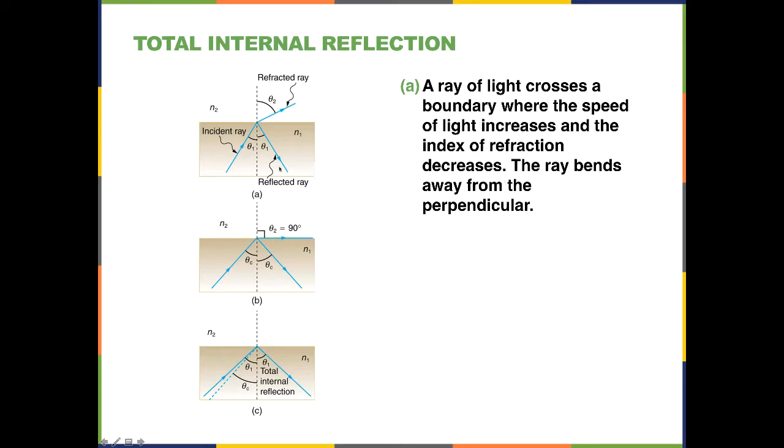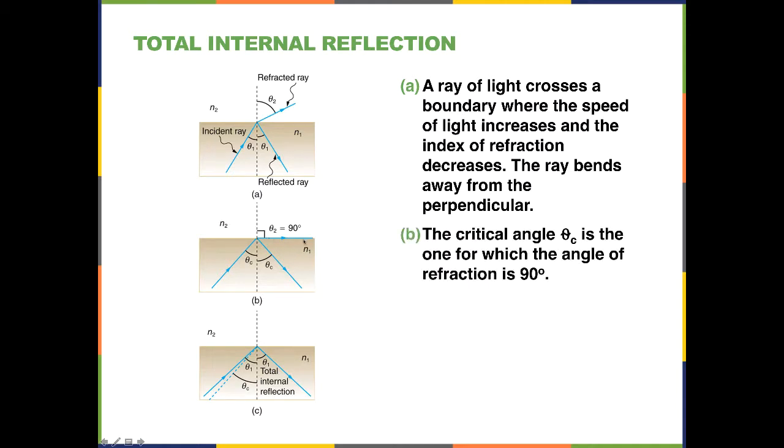Now, in a situation where you go from a slower to a faster medium, you see that the incident ray has angle theta 1 and it bends away from the normal because it's going into a faster medium. So angle theta 2 is greater than angle theta 1. So it bends away from the perpendicular. You can see there's a point you're going to reach where it does not escape. It's 90 degrees, and that is called the critical angle, or theta c.